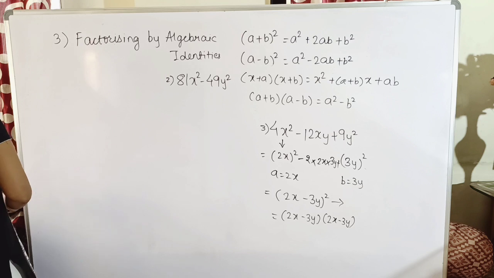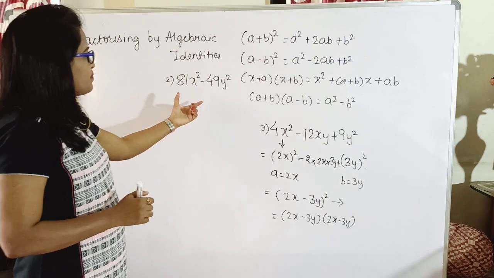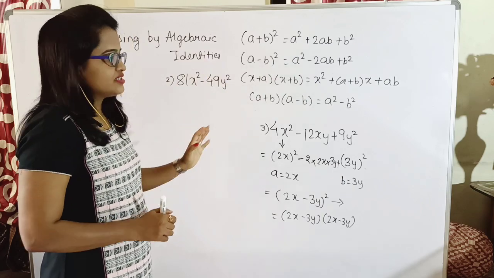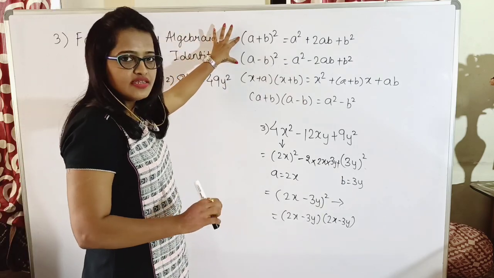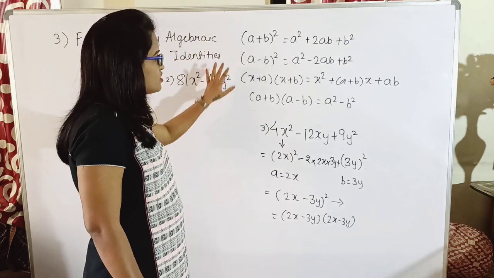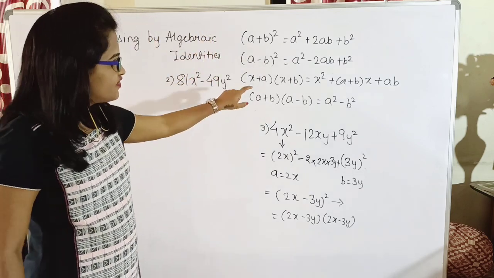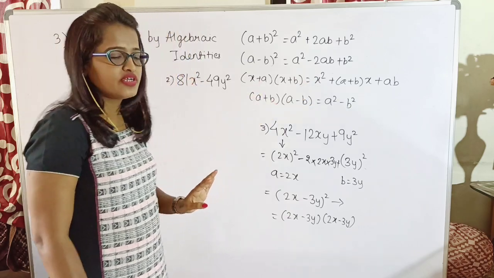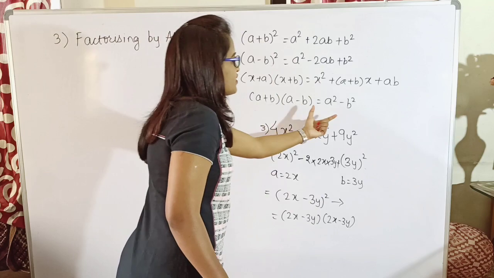Now again you have to compare the expression with all the identities. For these two identities, what did I say? There should be three terms. Since here there are two terms, these two identities get cancelled. Even for this one, three terms are there, so this identity also gets cancelled. So you are left with the final identity.